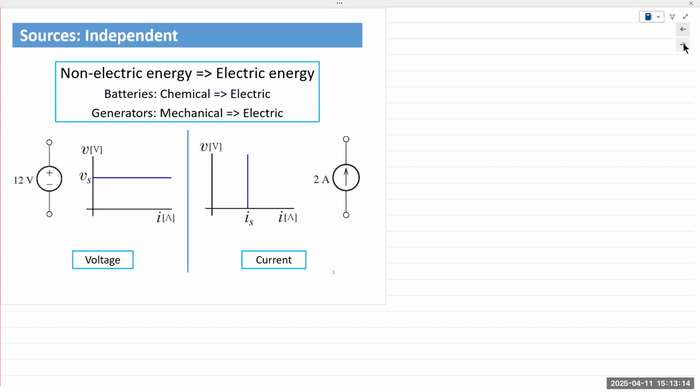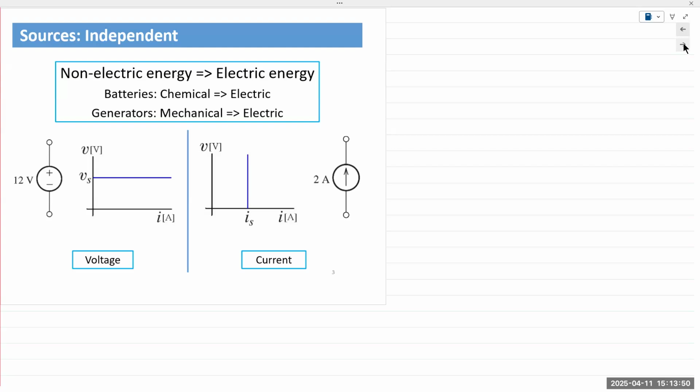We also have solar cells, right? Photons transmitting their energy to electrons, so light energy. So sources can be of different kinds depending on what the input is. You can have mechanical, chemical, photons, potential, thermal, right? So there are the various kinds of sources.